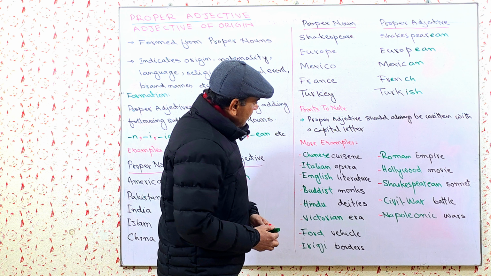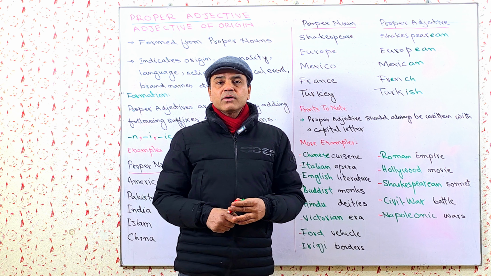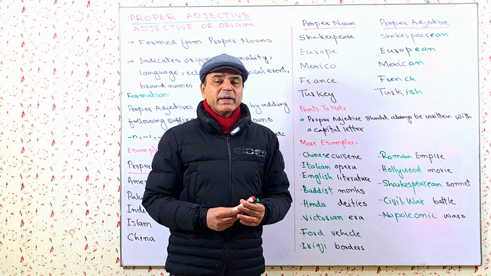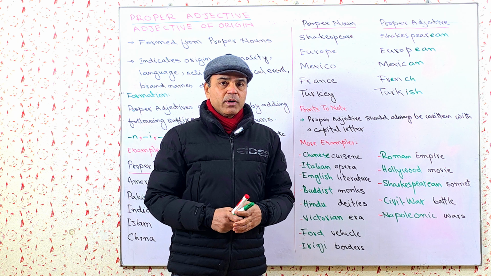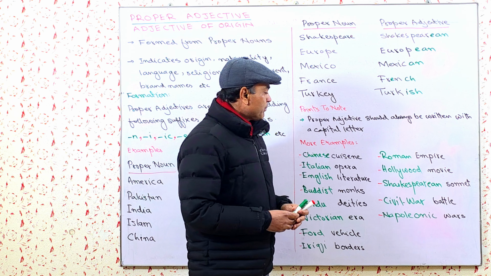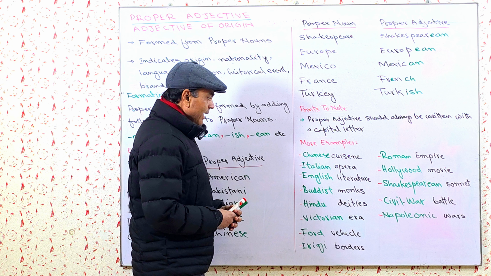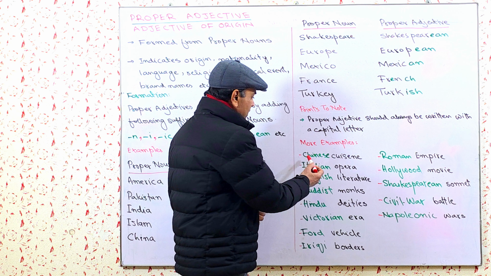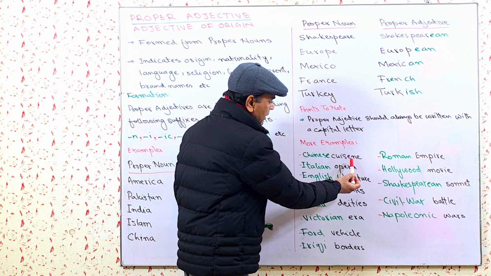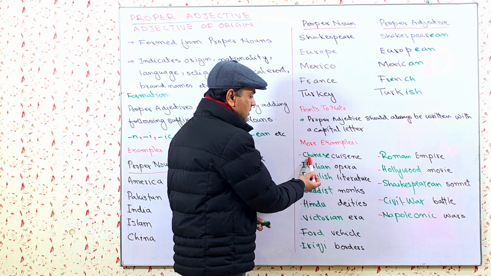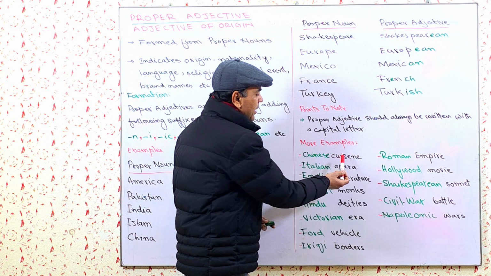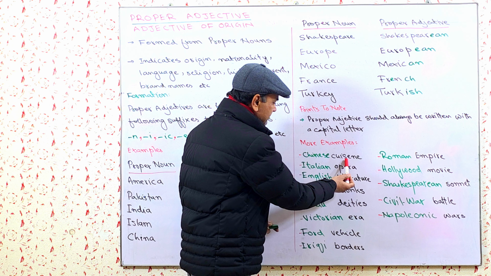There are some more examples I have written in order to better understand the proper adjective or adjective of origin. Like Chinese cuisine. Here, Chinese is the proper adjective, and it tells us about the cuisine.